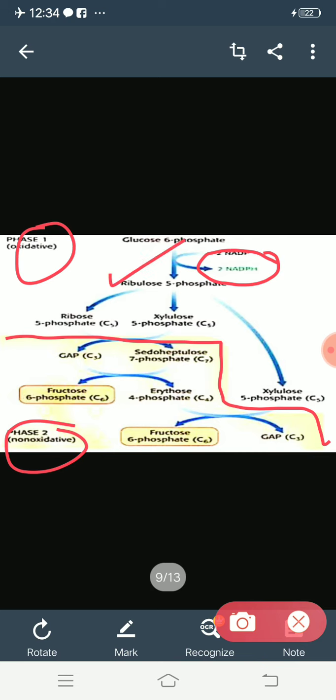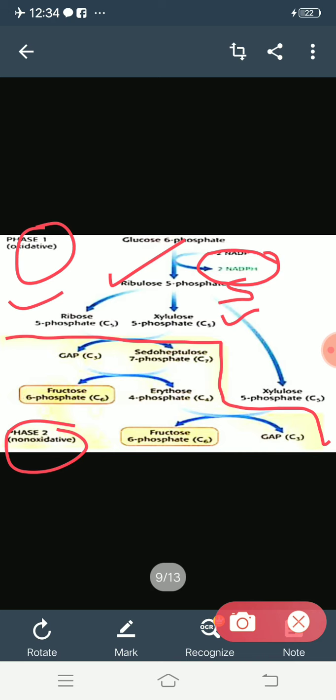Ribulose 5-phosphate acts as a substrate for two enzymes. Which are the two enzymes? Ketoisomerase and the epimerase. If epimerase acts, it gives xylulose 5-phosphate. If ketoisomerase acts, it gives ribose 5-phosphate.